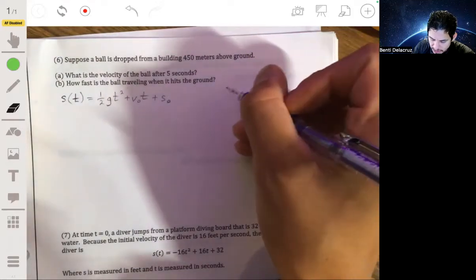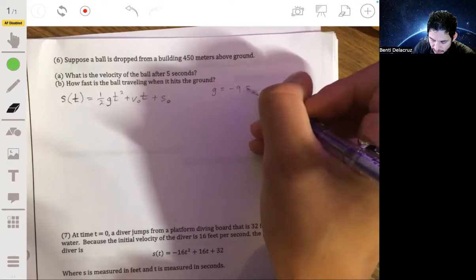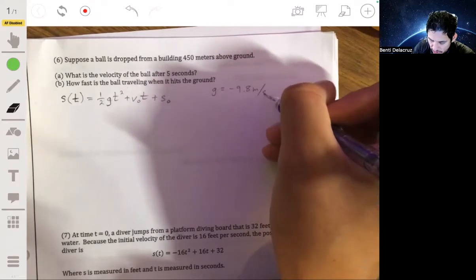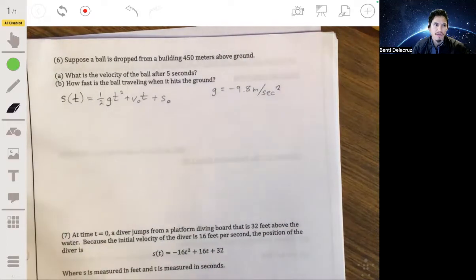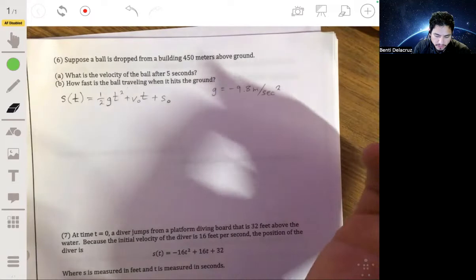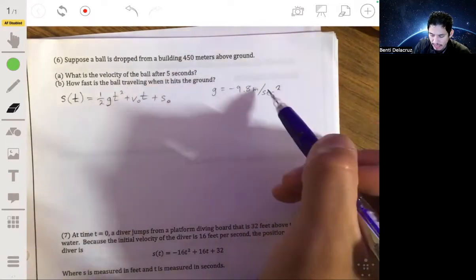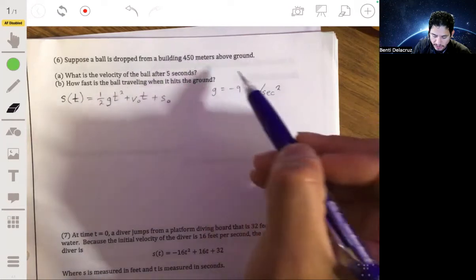In meters, g is defined as -9.8 meters per second squared, because it's an acceleration characteristic. Now, again, depending on the problem, maybe you have to convert this to feet, but in this case, we only need to worry about meters.